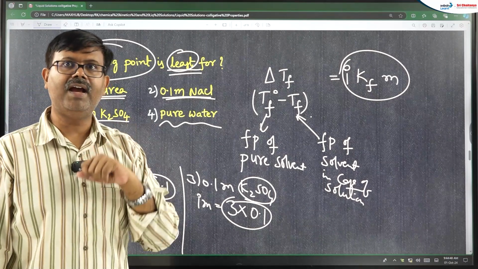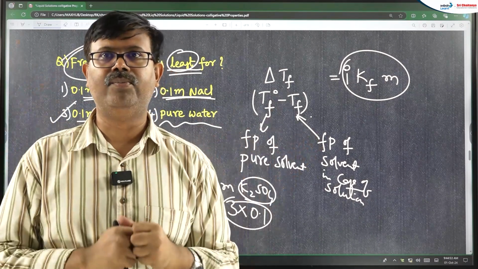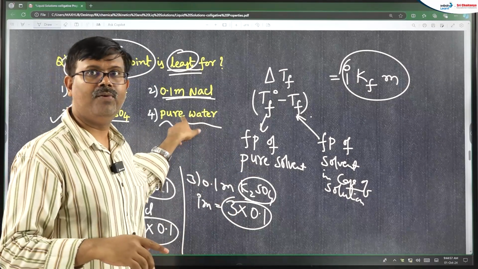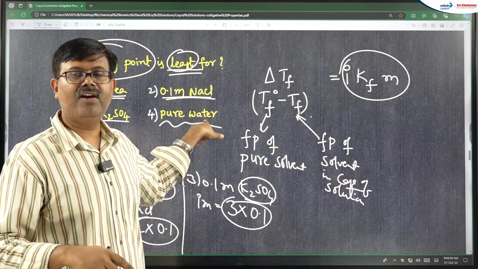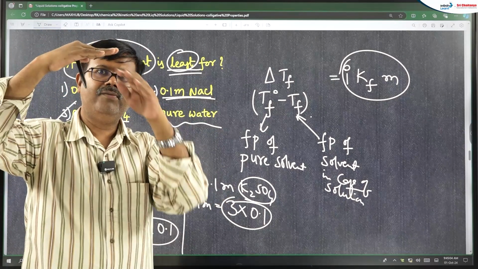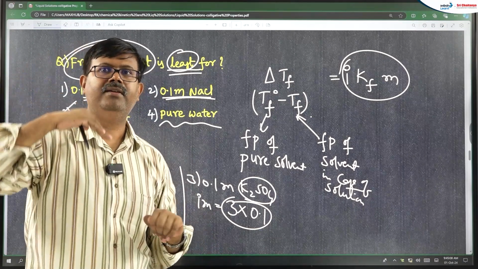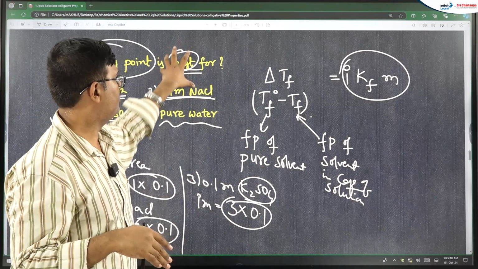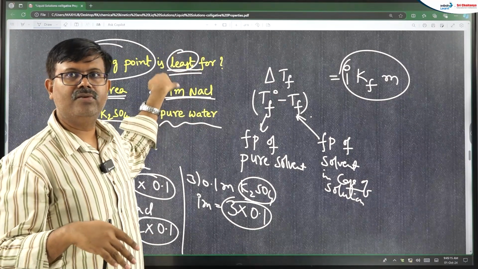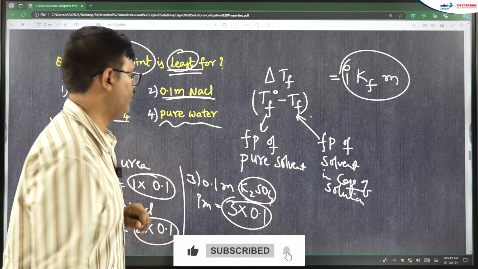Suppose in this question if they ask which of the following options has the highest freezing point, then answer will be pure water, because pure solvent has freezing point highest. Any solution will have freezing point depressed, means lesser than the pure water. So maximum if they ask in the question, answer would be water. Minimum if they ask, among the solutions we checked and found the third option.